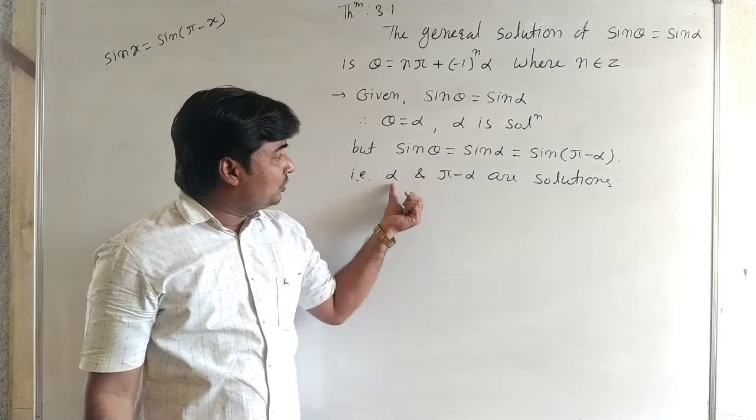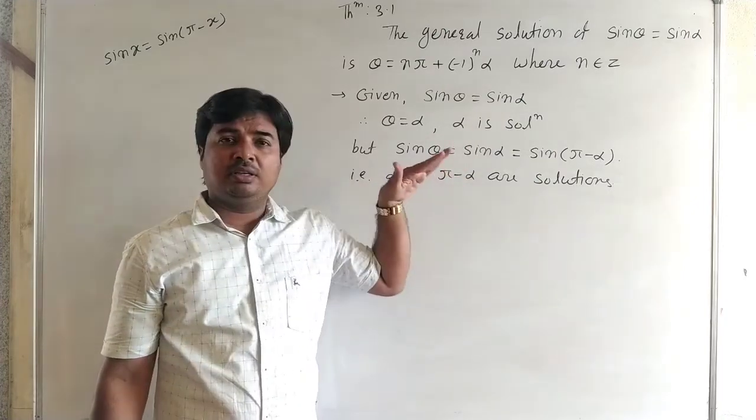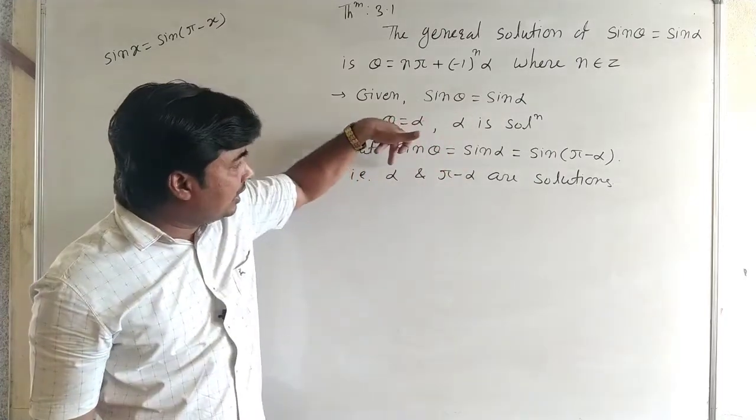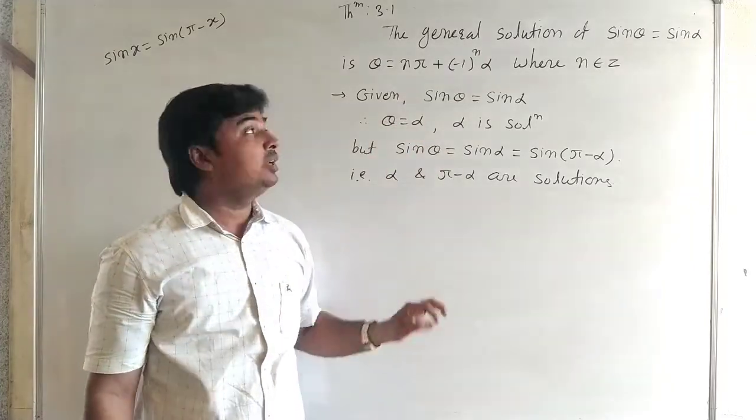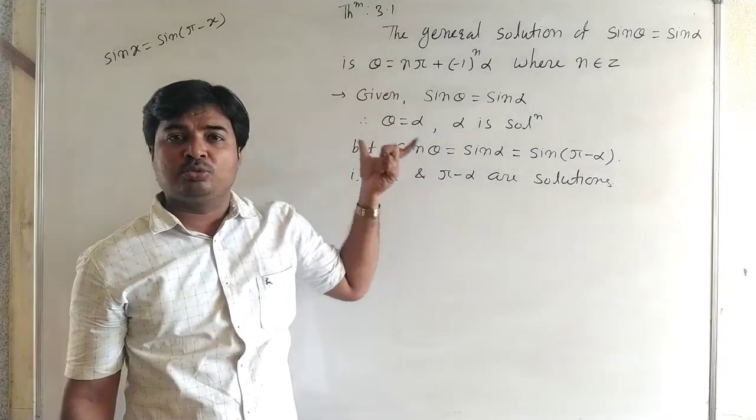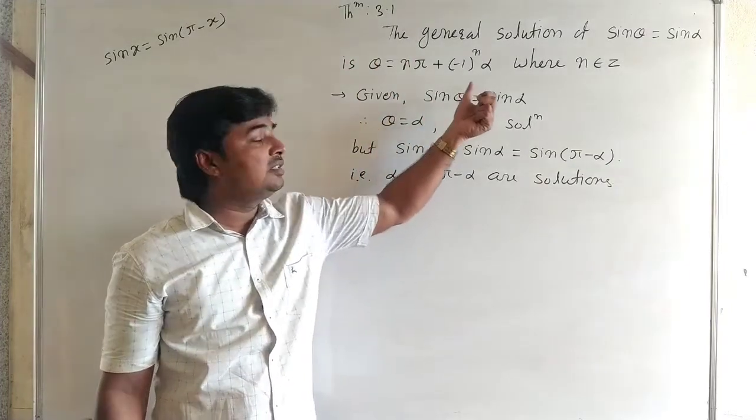Here alpha and pi minus alpha are the two solutions. Such an example we already discussed in the last lecture, that is the principal solution. Now here we find the general solution of this trigonometric equation, sin theta is equal to sin alpha.